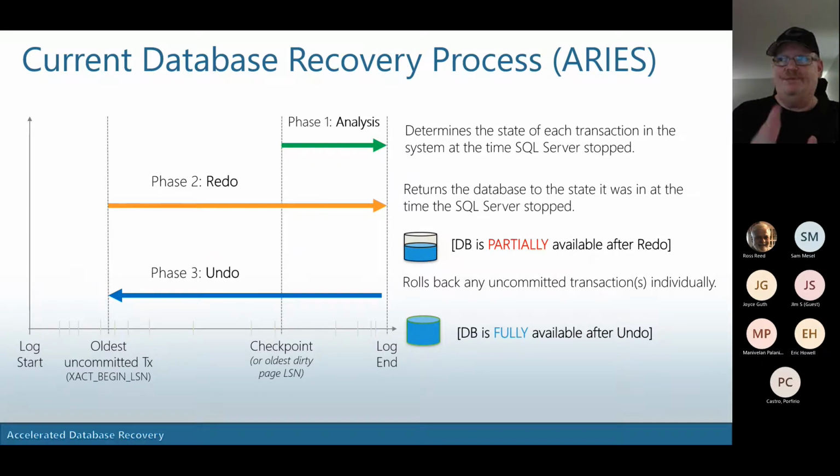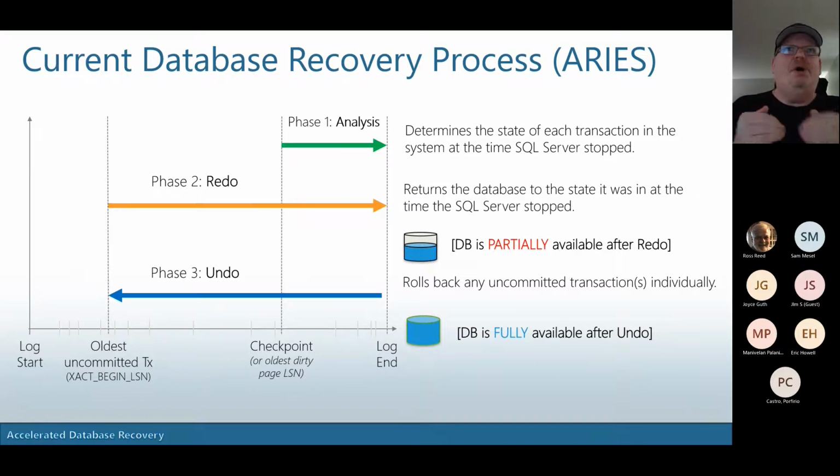The redo phase will roll forward any transactions that were committed since the oldest uncommitted transaction. We'll roll those forward so they can be written to the database, so my database is in a consistent state. This actually runs fairly quickly.